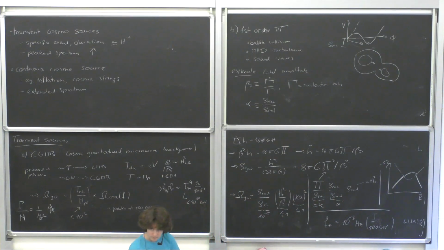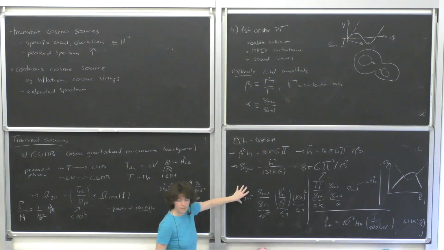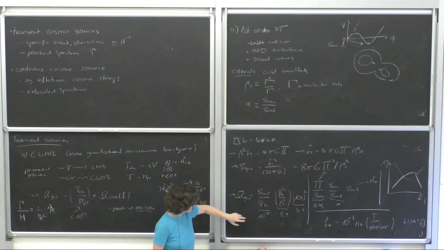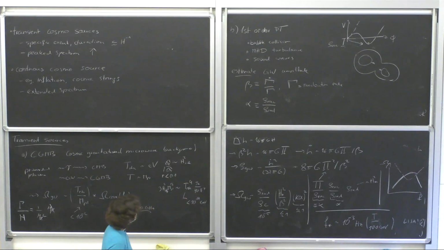Yes? So this is dimensionless. Yeah, but I mean the overlap is h squared. So beta, okay, beta is 1 over t, right? So beta has mass dimension 1, and Hubble also has mass dimension 1.